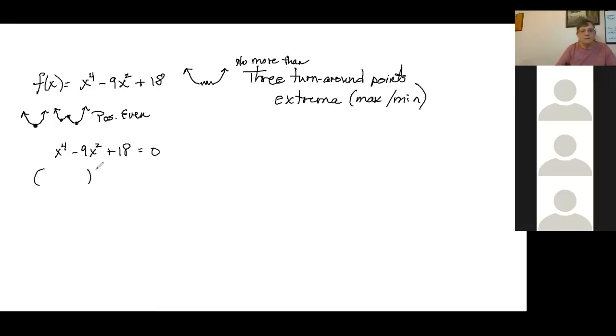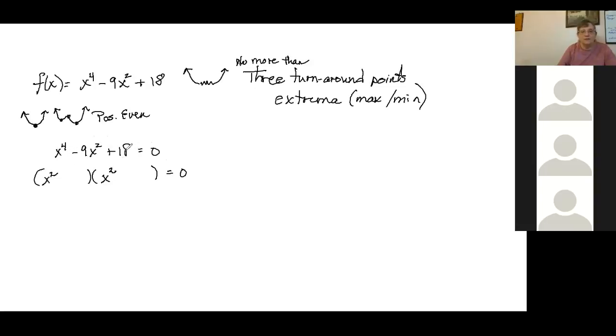When you factor something like this, where it looks a whole lot like a quadratic, it's not a cube. It doesn't have 3 factors. It's going to have 4 factors. But because it does not have any of the odd exponents, it'll graph as though it were a quadratic.